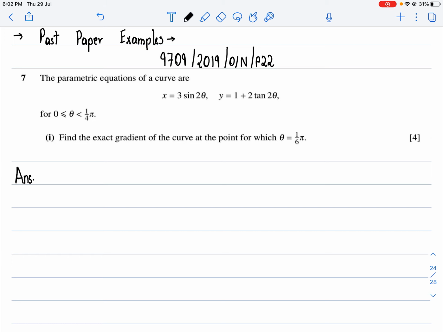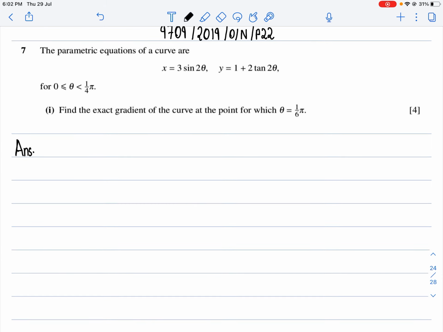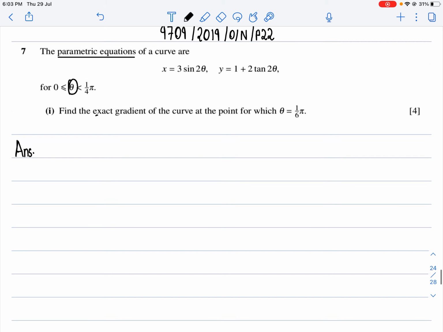Here the parametric equations are specified properly: the parametric equations of a curve are x equals 3 sine 2 theta and y equals 1 plus 2 tan 2 theta, where theta lies between 0 and 1 over 4 pi. We need the exact gradient of the curve at the point where theta equals 1 over 6 pi.